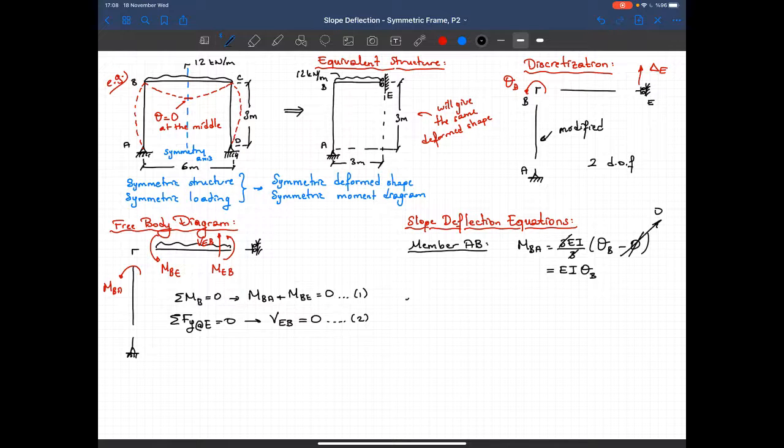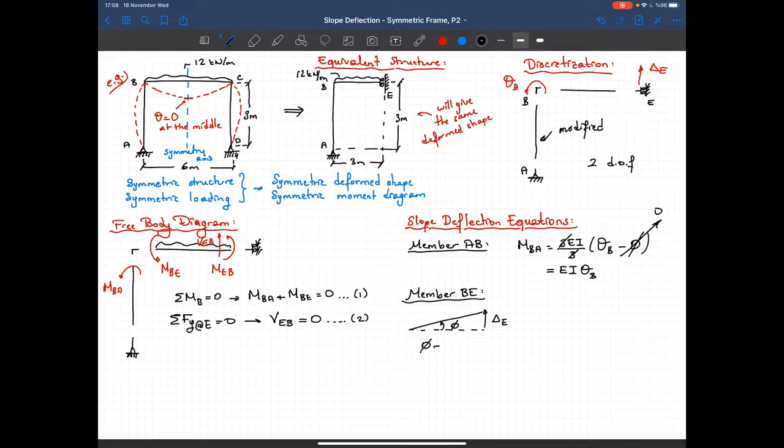Now let's work on member BE. So that's the initial configuration. We said that this will move in the upward direction. That's delta E. And I have a chord rotation that's equal to phi angle.